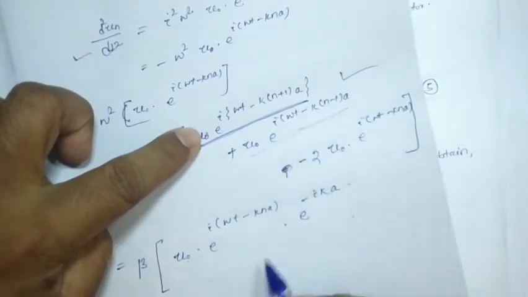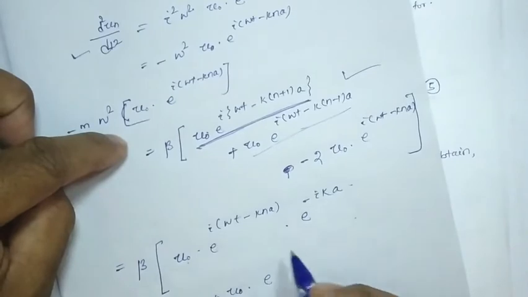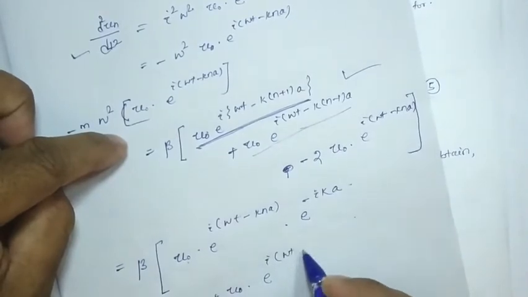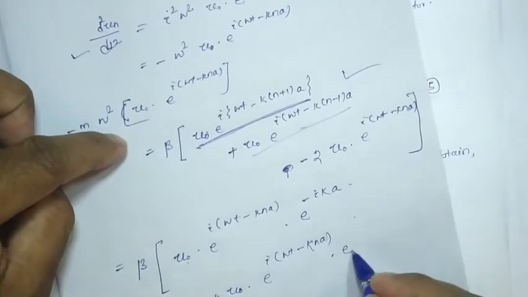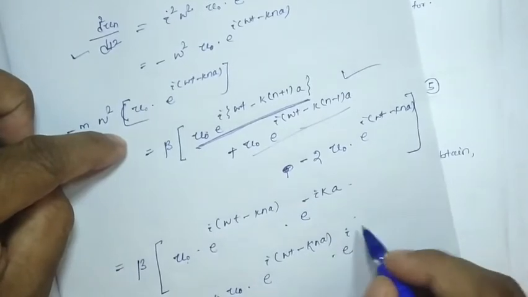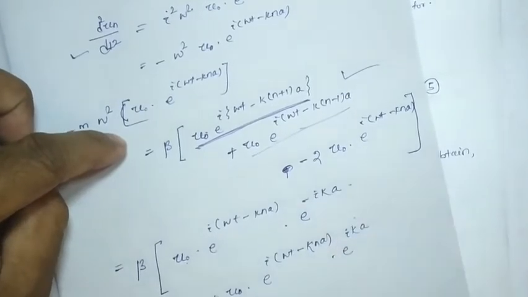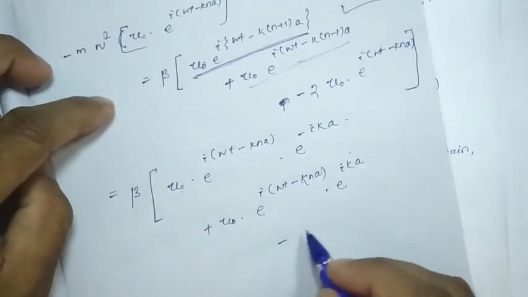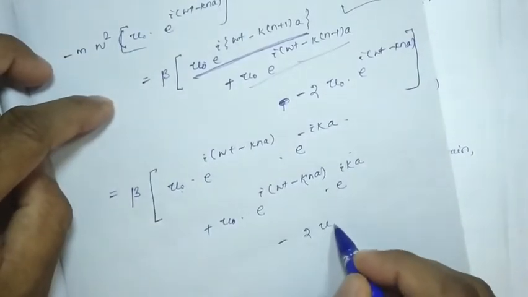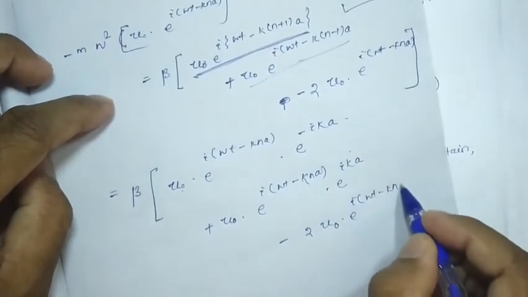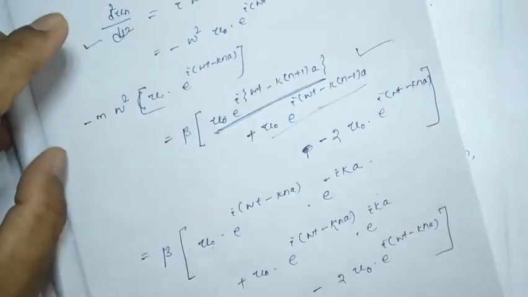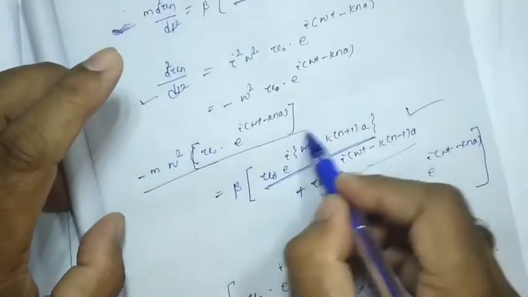Likewise, this can be written as plus u0 into e to the power i omega t minus kna into e to the power ika. Minus 2 into u0 into e to the power i omega t minus kna.